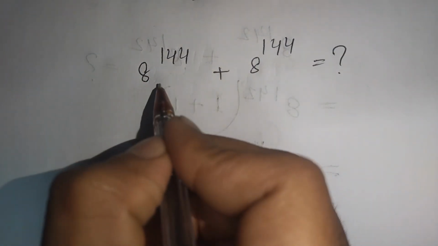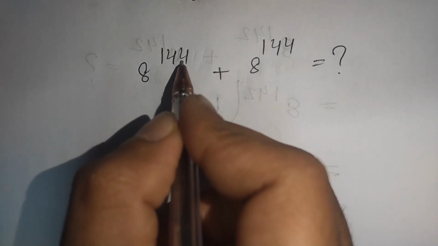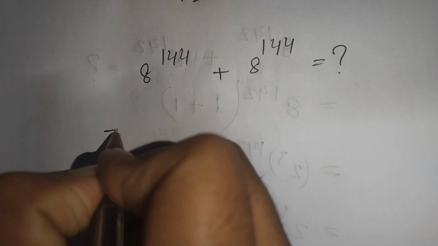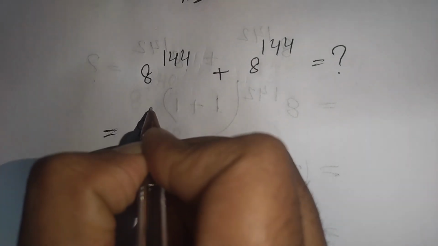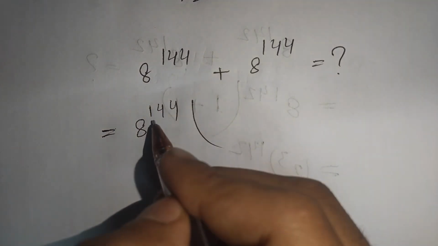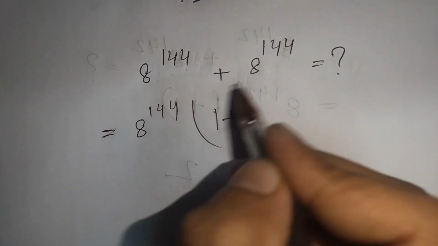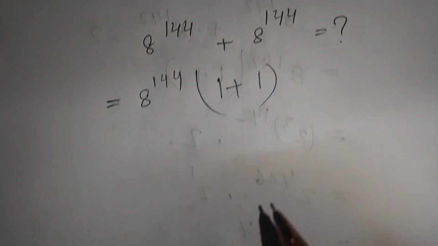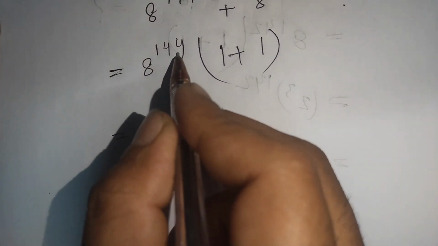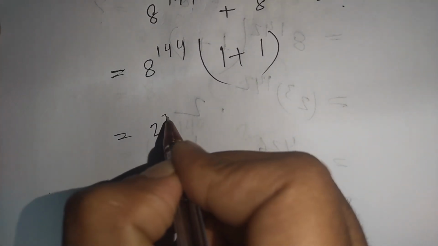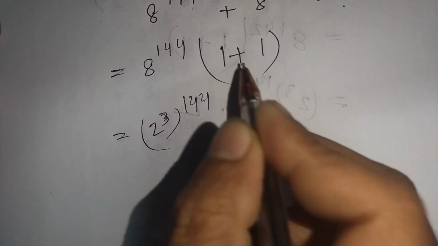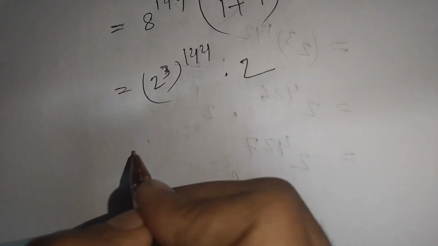How to solve 2 to the power 144 plus 2 to the power 144 is equal to what? At first we take common 2 to the power 144. First bracket start, this divided by this, that means 1. This divided by this, that means 1. Now 2 to the power 144 times 1 plus 1, that means 2.